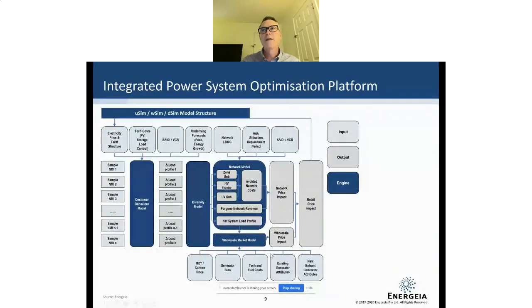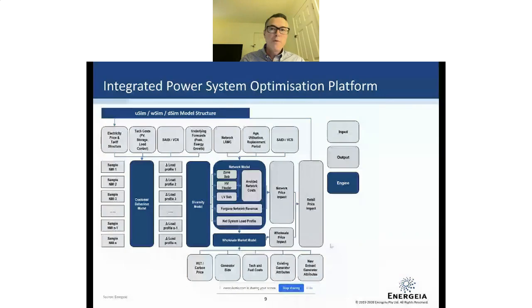And that all gets fed into half-hourly prices over the period to 2050. And that, combined with the network price impacts, is fed back into the retail price impacts, and then it loops for every year.